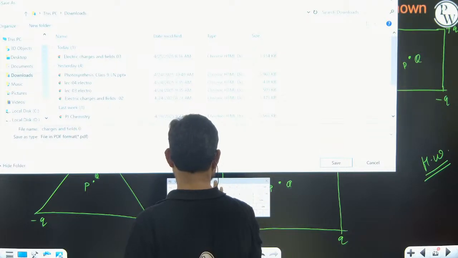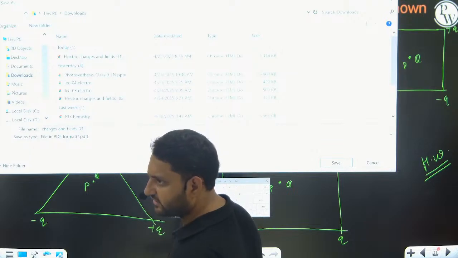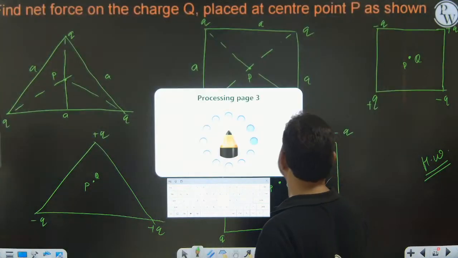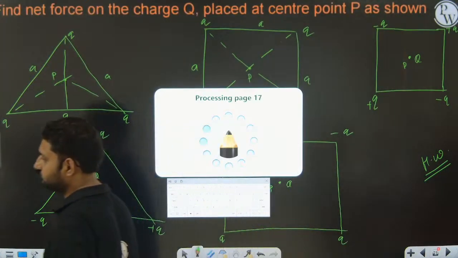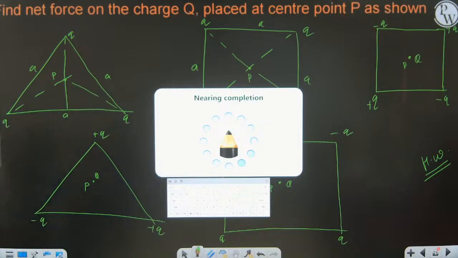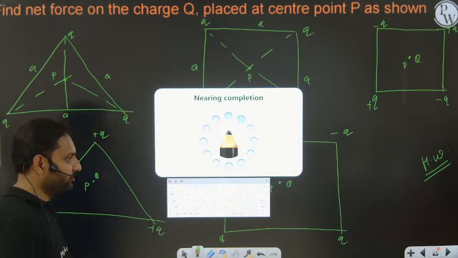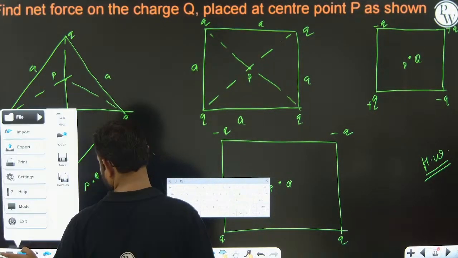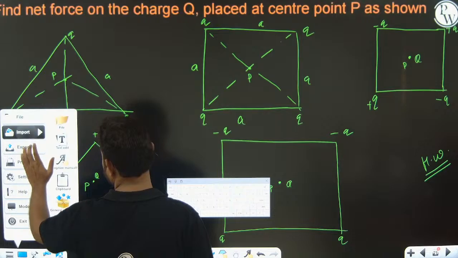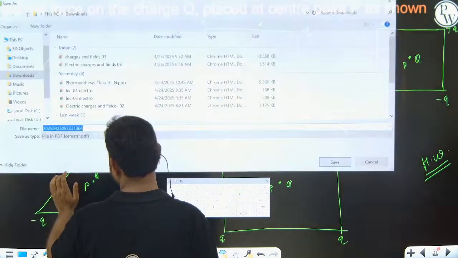Lecture number 3. Is this the lecture number 3 now? Okay. Saved in which document? I don't remember. I think it is saved at the wrong place. I have to save it. Export document as PDF.